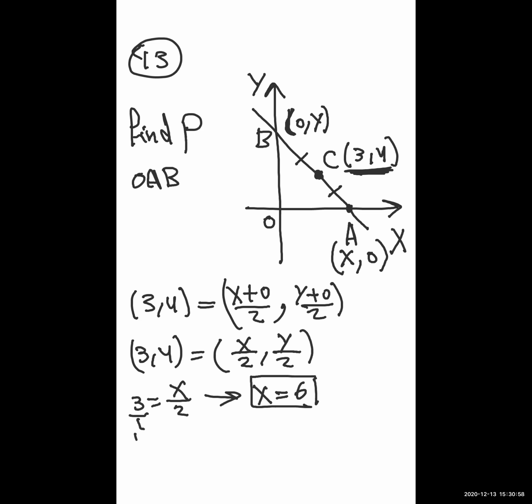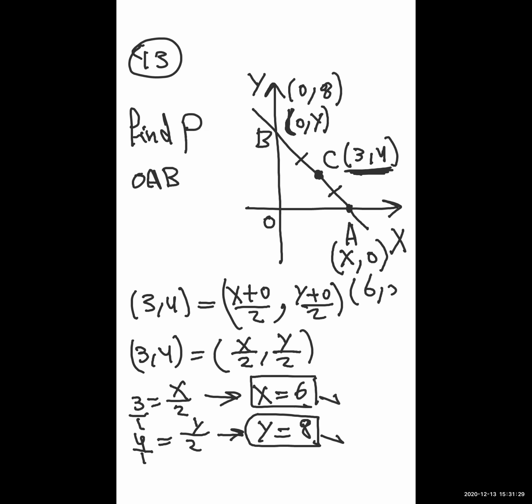And 4 will equal y over 2. Therefore y will equal, also by cross multiplication, 8. So now we got x and y. The coordinates of this point will be (0, y), y is 8, so (0, 8). This point is (x, 0), so x equals 6, so (6, 0).